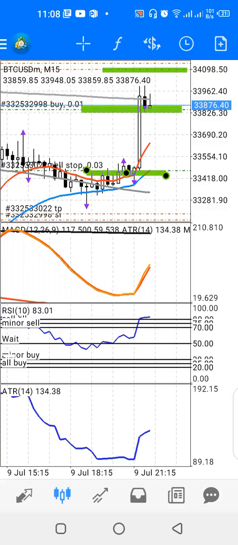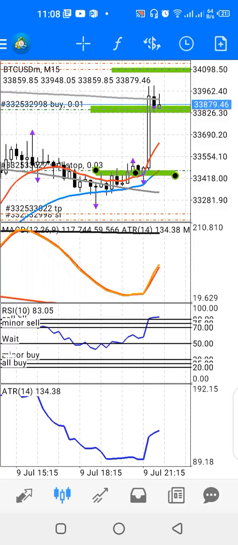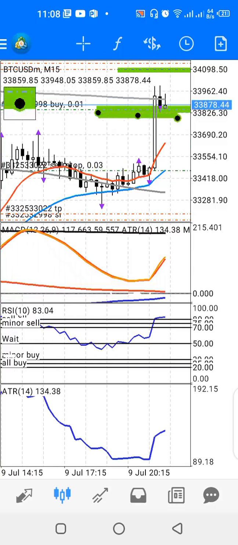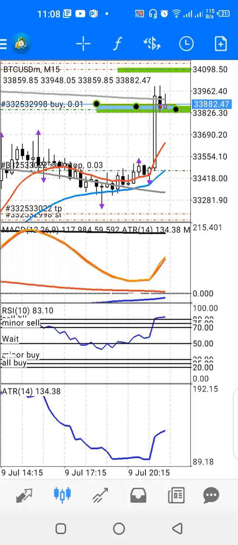Now for every 0.01 first trade like I have here, my account balance must be at least $300 for a standard account. The essence of having that amount is so that your account can withstand the price range of fluctuation.